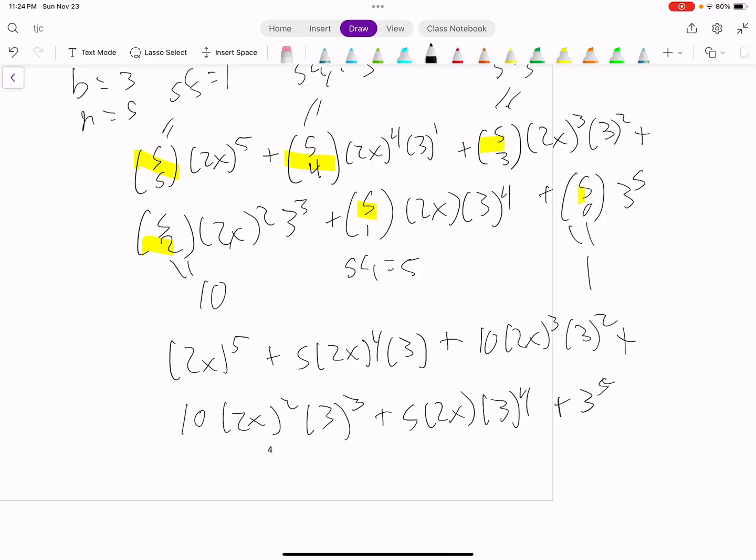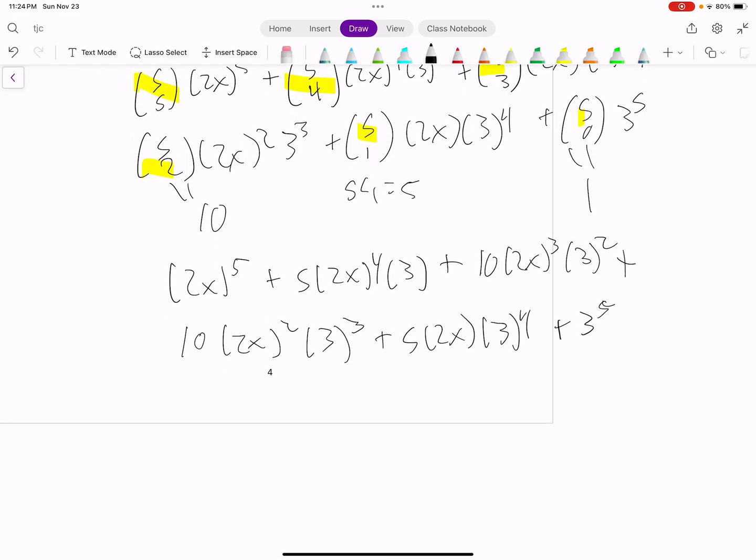All right, so now we've got to start simplifying. Let's look at the first one, (2x) to the 5th. Well, that's 2 to the 5th, which is 32, and then x to the 5th. So this is 32x to the 5th.